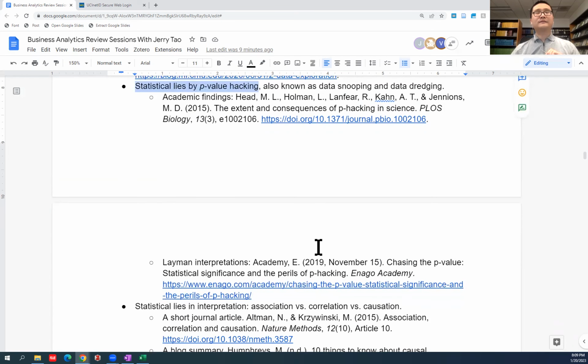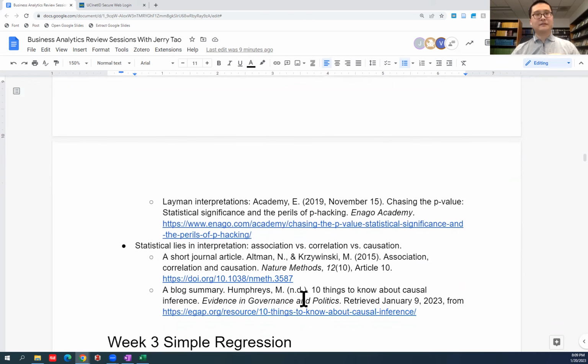This is where we can fake significant findings when there are none. There's another series of statistical lies people often make, when interpreters, especially news reporters or journalists, mistake association for correlation or correlation for causation. Each of these three are different.